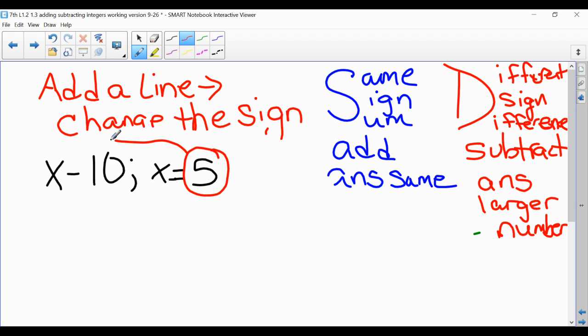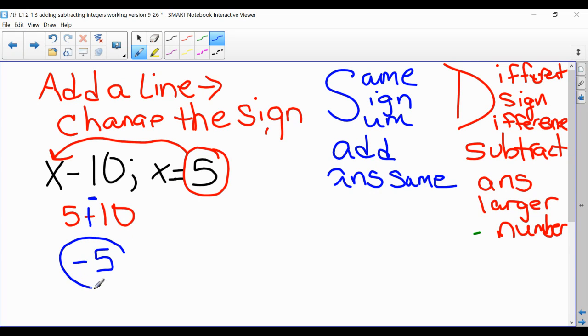So I'm going to take that 5 and put it where the x is. So now my math problem is 5 minus 10. Add a line, change the sign, means I have 5 plus -10. Different signs difference. I'm going to subtract them. The answer gets the sign of the larger number, and my answer is -5.